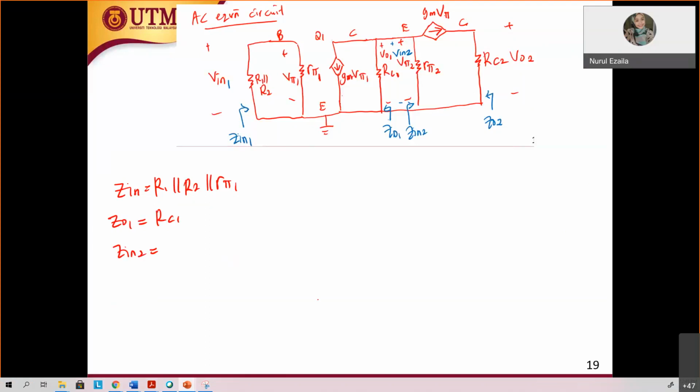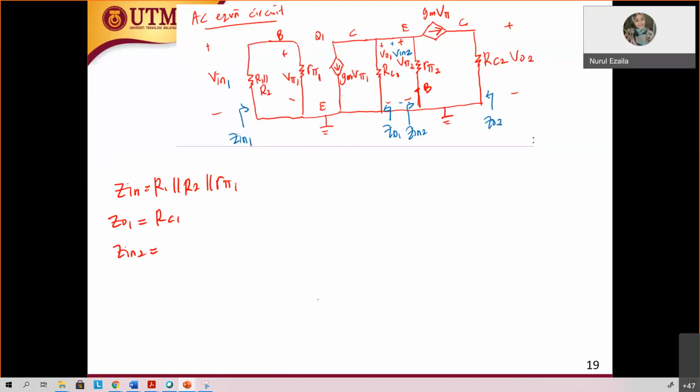What is Z in? R pi 2. So you have the base over here, still remember? To the ground. You have different nodes, emitter and base.